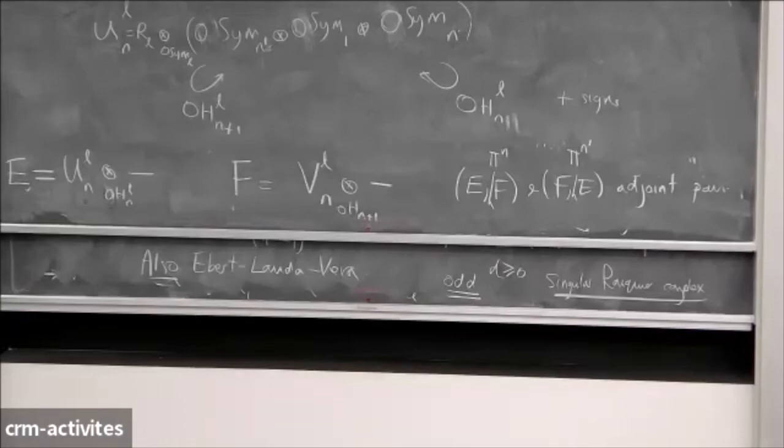Another way to see what's going on here: if you look at this Kac-Moody 2-category associated to SL2, in the even case, that was defined by Aaron Lauda. And you can see this category of bimodules there as what's called the minimal categorification.